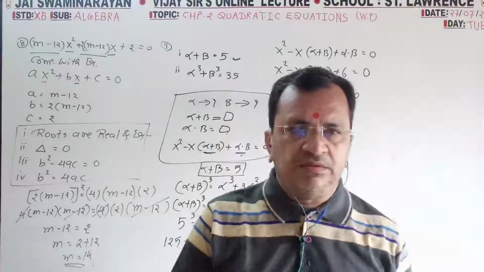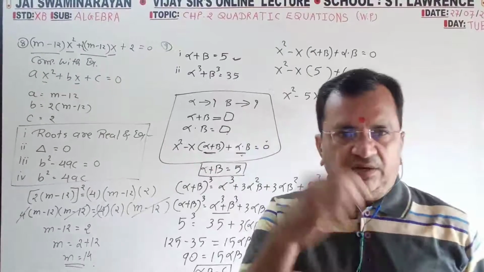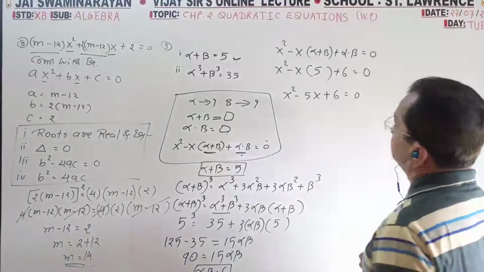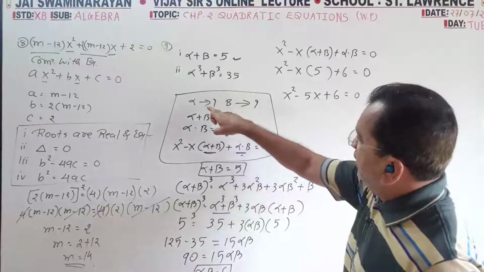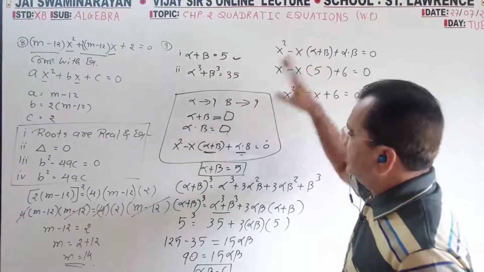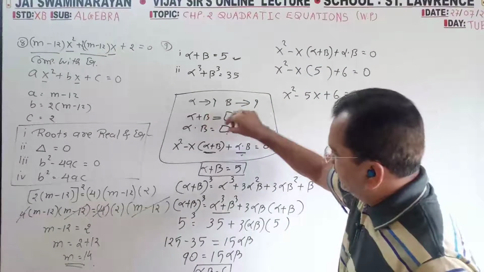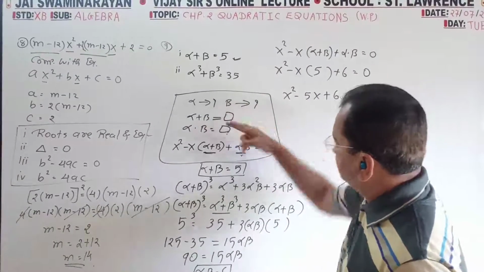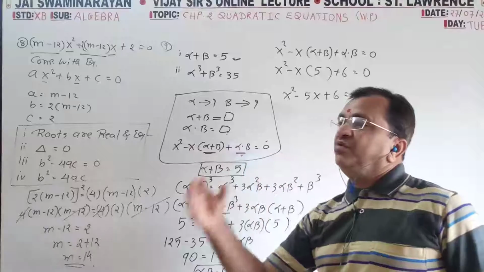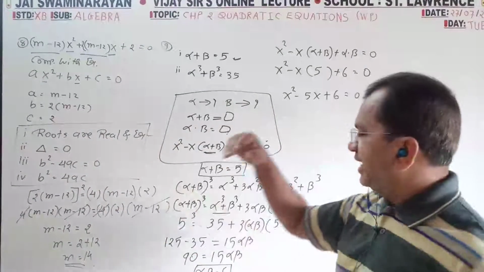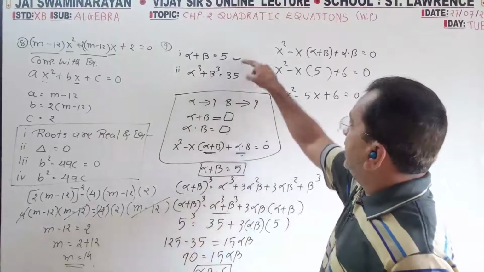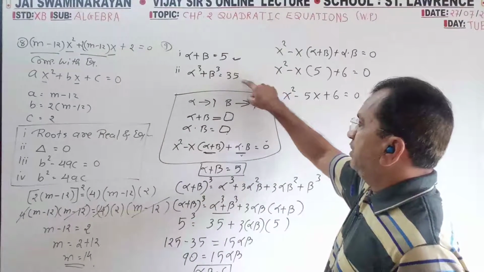So, Rahul Yadav, what happened with that? Okay, so whenever alpha and beta are given, we do the sum, we do the multiplication, and those two answers we substitute here. So we will get the required equation. Exactly like that, we have given 1 and 2, but not the product.